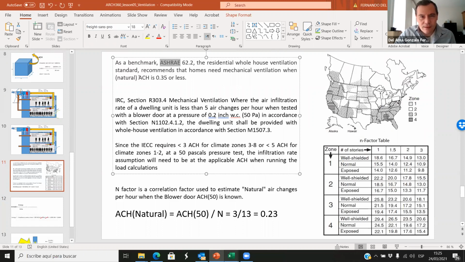So the ARCH360 recommends that the natural air changes per hour, which is another way to measure the ventilation rate or the infiltration rate, has to be 0.35 or less. This is according to ARCH360. According to passive house standards, this is even more restrictive, so this number is lower.